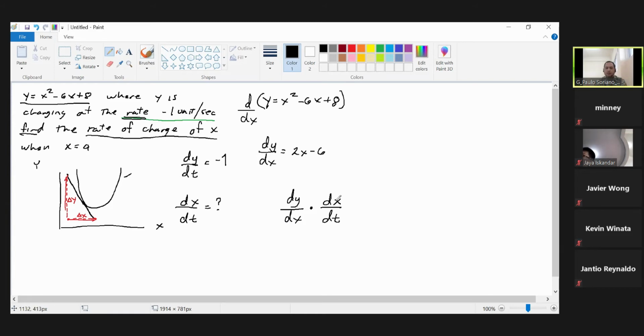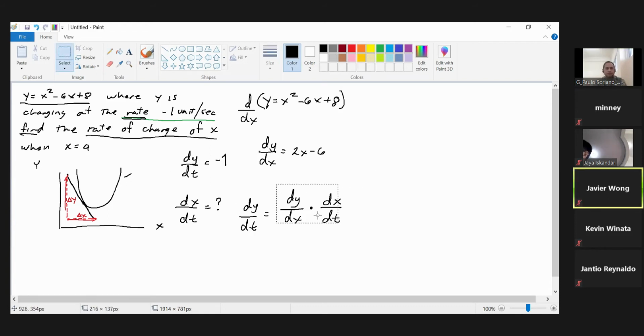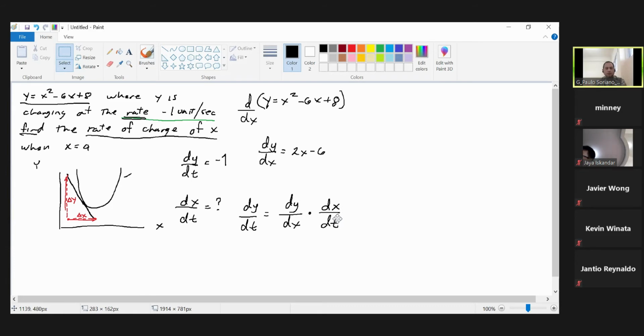What's left is dy/dt. Can you follow what happened there? Yes, teacher. Okay, so all you need to do now is substitute the values that you have.